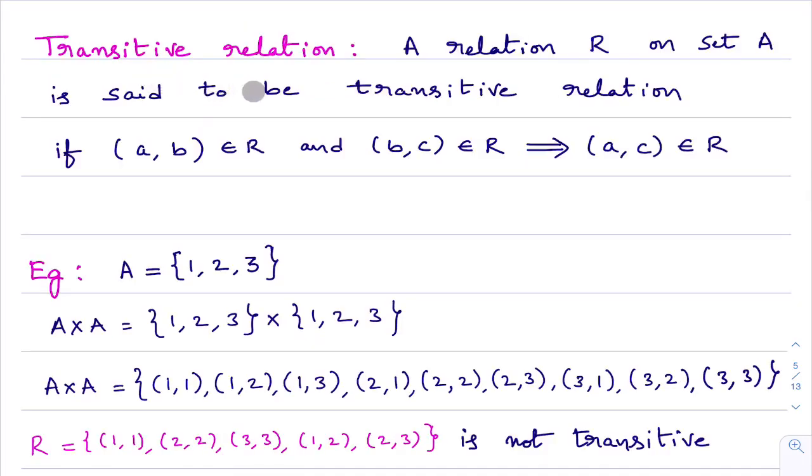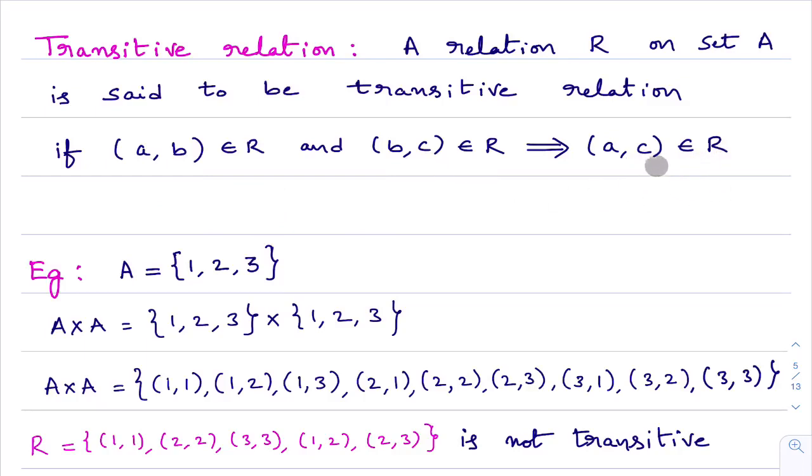Now, next, transitive relation. A relation R on set A is said to be transitive relation. First of all, R is a relation on set A. That relation is said to be transitive relation if ordered pair A comma B and ordered pair B comma C belong to R. If you are able to identify two ordered pairs in the given relation, ordered pair A comma B and ordered pair B comma C, then we will check whether ordered pair A comma C is present in the same relation or not.